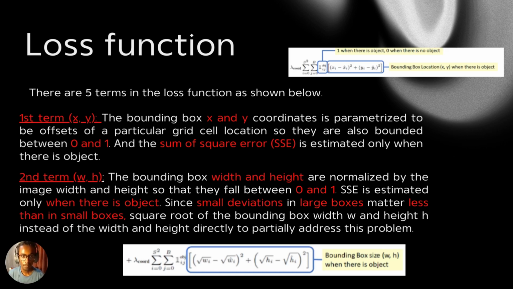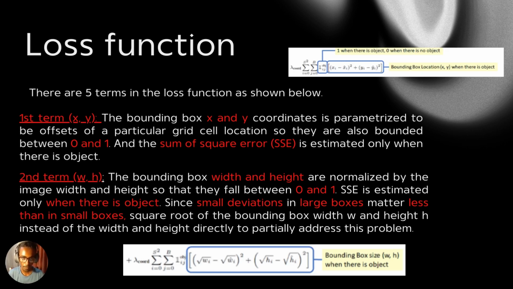And here on the xy coordinates, we didn't use a square root, but here we're going to introduce a square root. Since small deviations in large boxes matter less than in small boxes, the square root of the bounding box width and height is used instead of the width and height directly to partially address this problem.